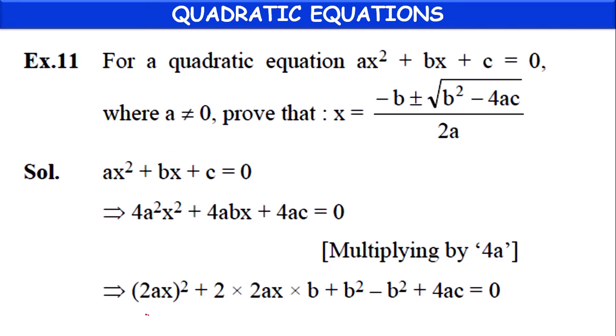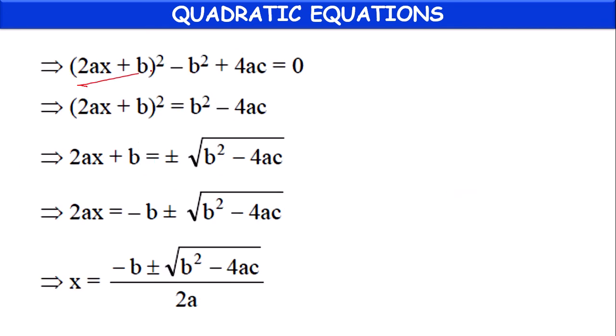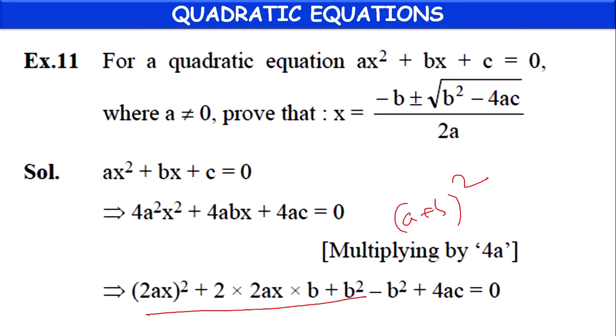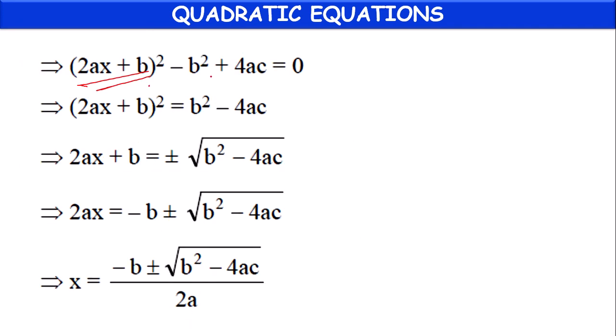So these first three terms are in the form of a plus b whole square, so we can write 2ax plus b whole square, and the remaining part we have is minus b square plus 4ac. This is the remaining part. If you take this to the right hand side, it will become plus b square minus 4ac.